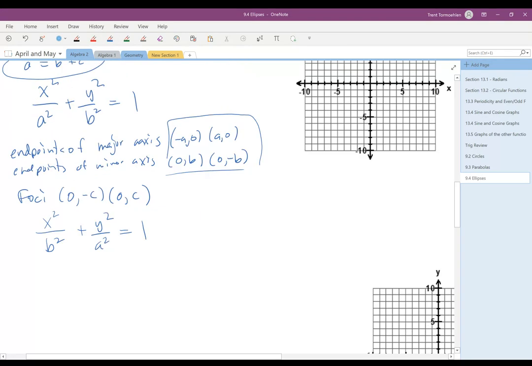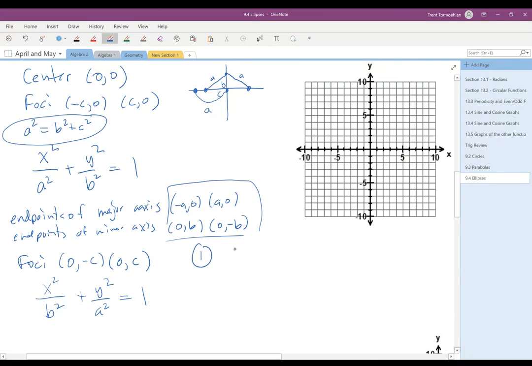So if you're given a problem where it says graph, one of the most basic ones would be this right here. This is in the form of an ellipse because you have a positive x squared, a positive y squared, and we've got it set equal to 1. Well, in this case, a is going to equal 3 and b is going to equal 2, because a squared is 9 and b squared is 4.